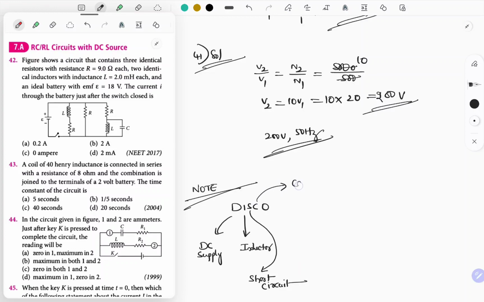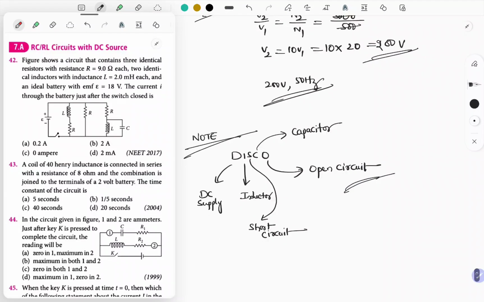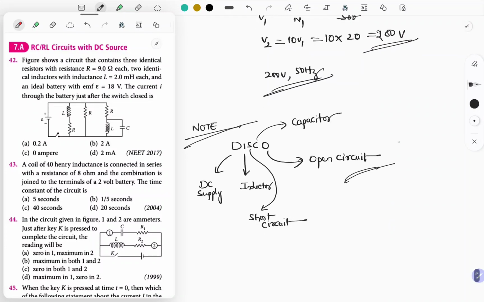Whereas C is a capacitor and it acts as an open circuit. Okay, hope you understand. So for a DC supply, an inductor acts as a short circuit and a capacitor acts as an open circuit. And this is applicable at t is equal to infinity, that means the steady state case.